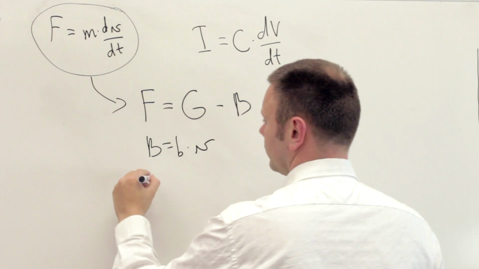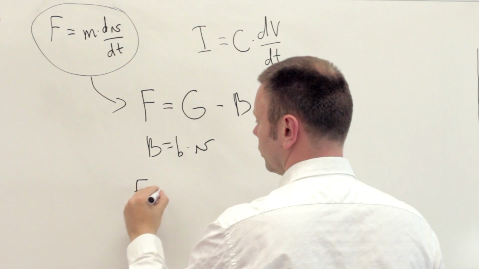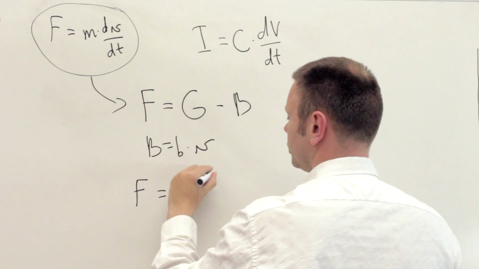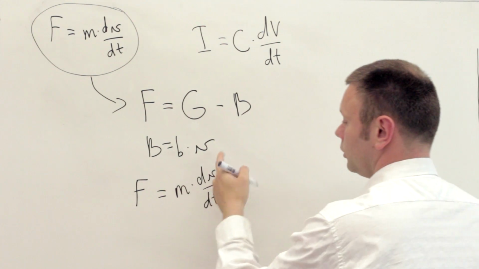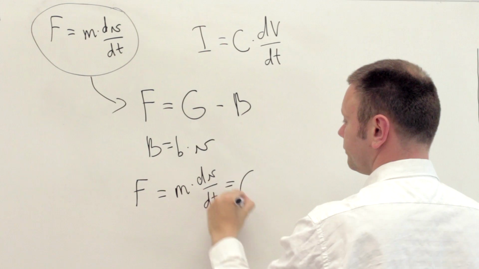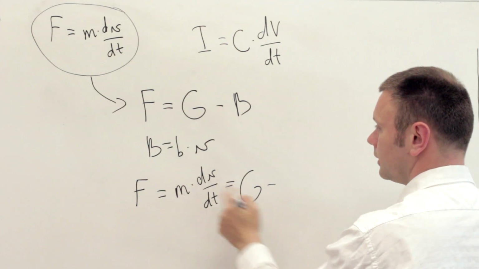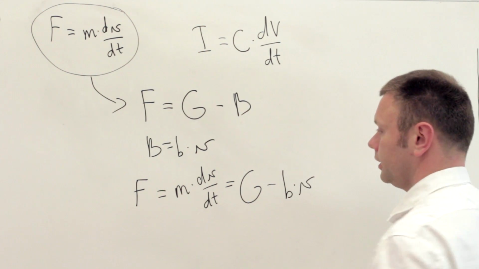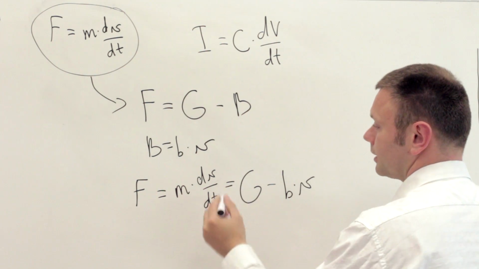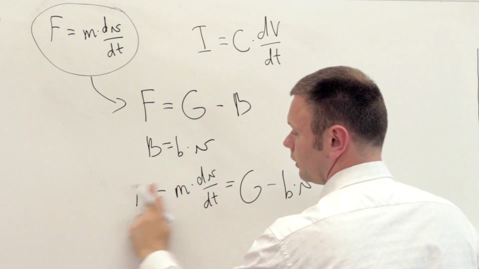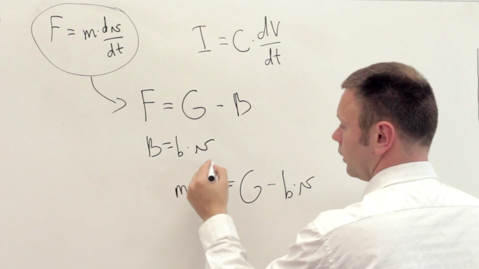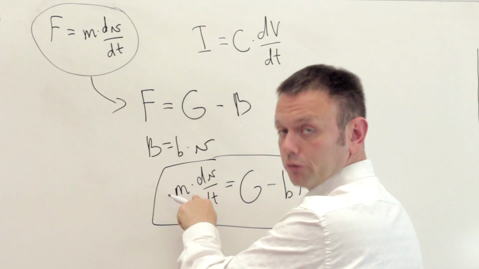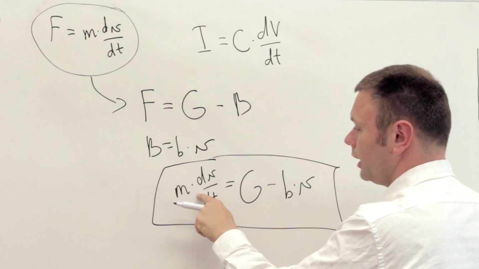So now we have the equation: F, force, which is equal to mass times the rate of change of velocity, which is equal to G minus the frictional term, B times V. So now we have an expression showing us how the velocity of the person falling down from the airplane is changing.